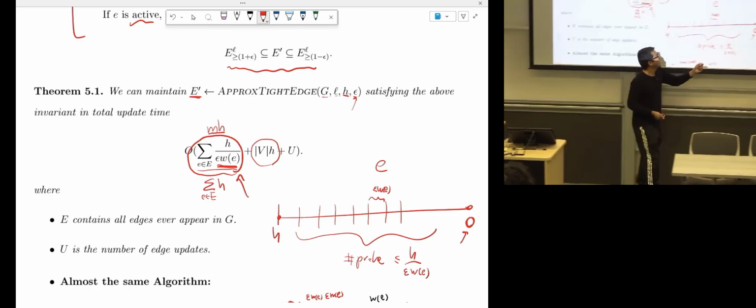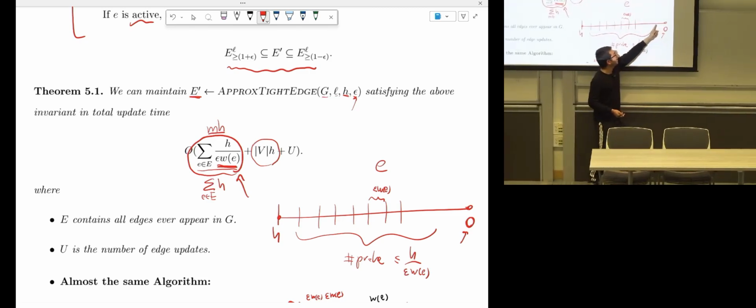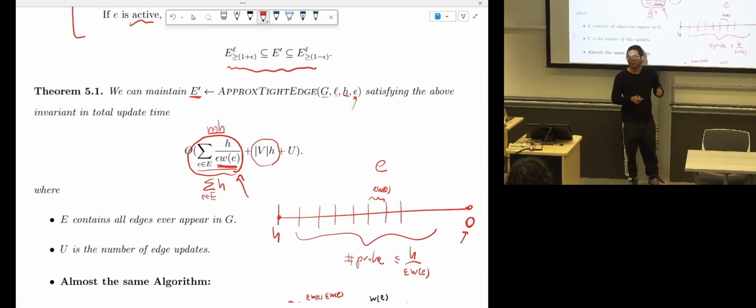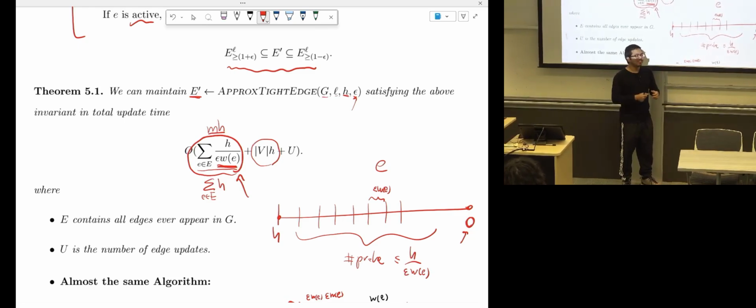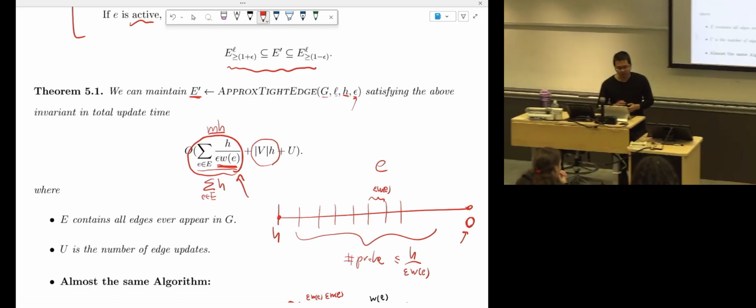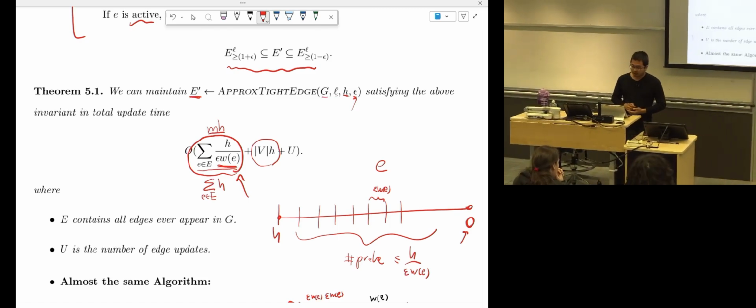Every node can be relabeled H times. That's the time to spend on relabeling. Yeah.